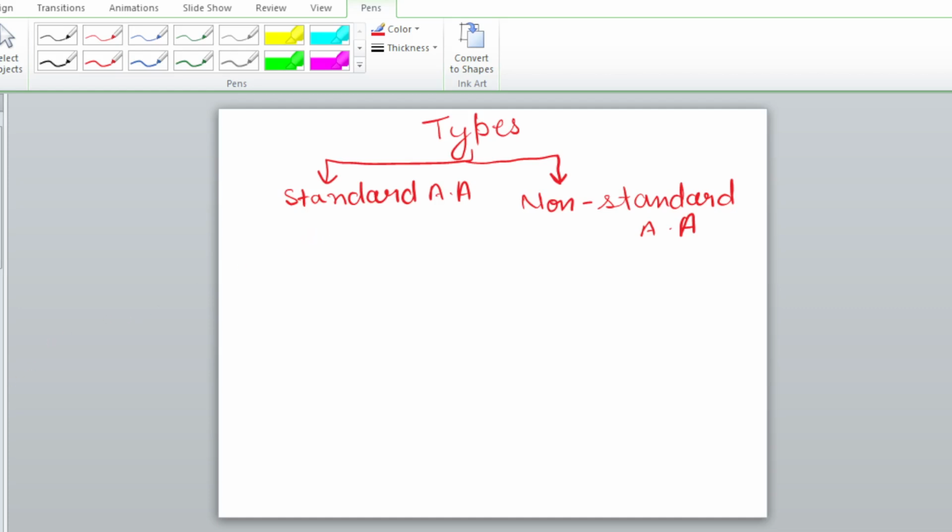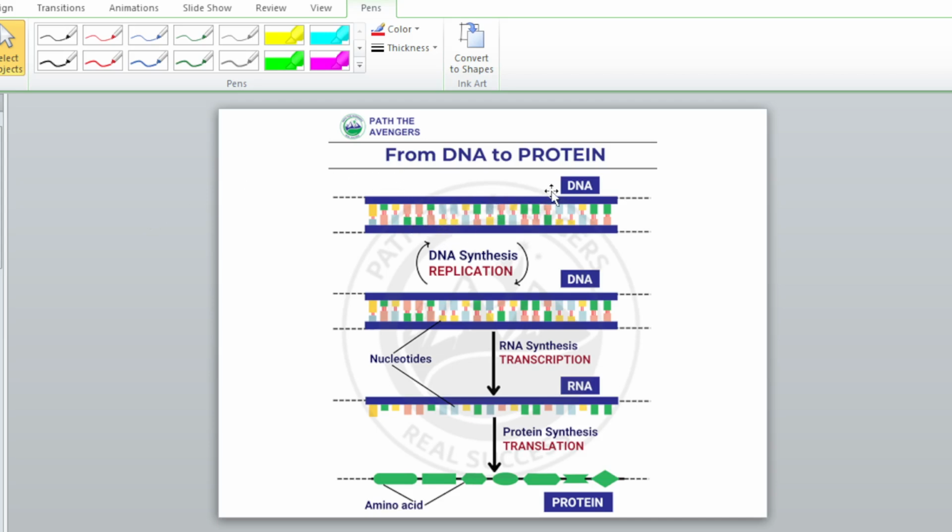What is the meaning of this? When we learn molecular biology, we will learn that using old DNA, new DNA is synthesized. This process is called replication. Then using DNA we make RNA. This process is known as transcription.